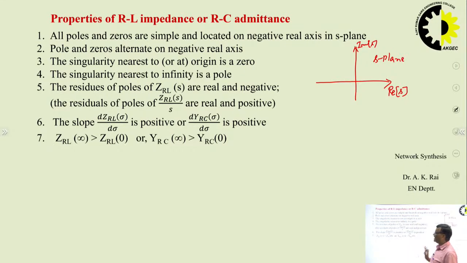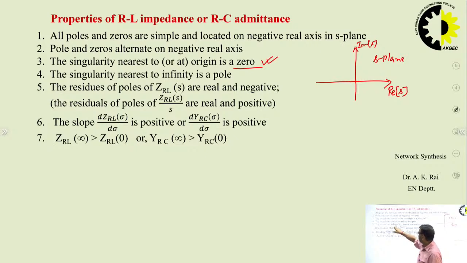Poles and zeros alternate on the negative real axis. They alternate. The singularity nearest to or at origin is a 0. You must remember this one. This is very important. And the singularity nearest to infinity is a pole because it alternates on the negative real axis. So first coming the 0, then the last will be the pole.